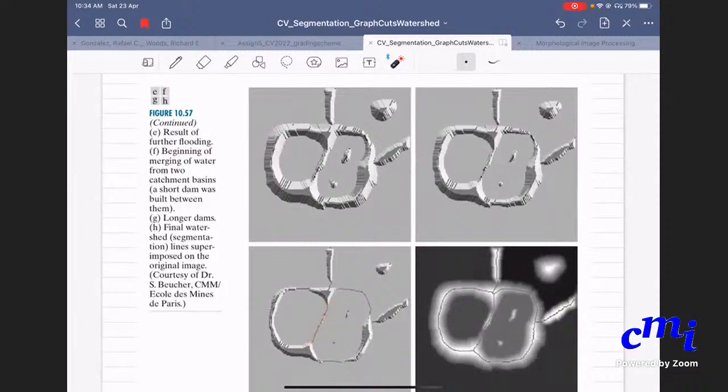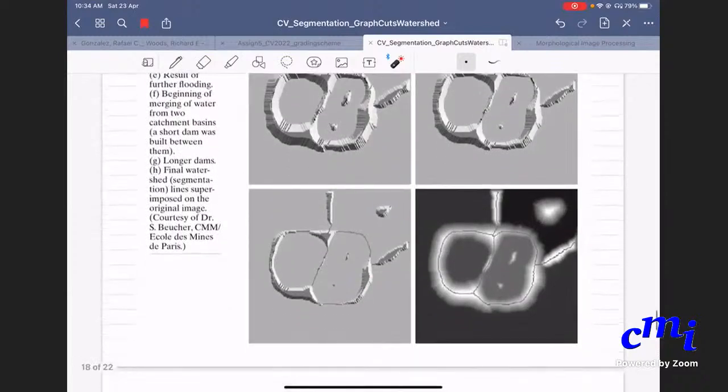Similarly, it looks like here at some point these two regions are going to merge, then we build a dam there. Here also there's a dam. So finally, as the water keeps on rising and floods the entire topography, you will have built all these dams to avoid water going from one region to the other. And this is the required segmentation.